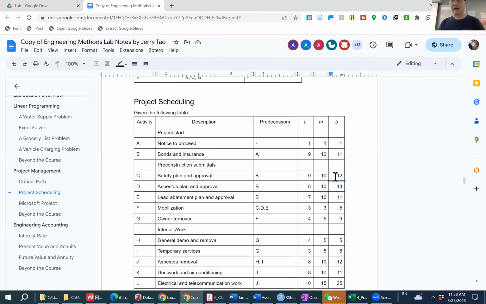So if you need to do a Microsoft Project, one of the necessary inputs is the duration. Could you tell me which of these three you would want to use as the input for the duration in Microsoft Project? Do you think you should use any of these three, A, M, or B, or none of them? Yes, the correct answer is none of them.